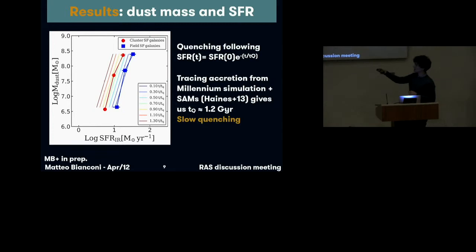But again, we see a systematic decrease or shift towards lower star formation rate when it comes to cluster galaxies. And again, if we apply a simple exponential decrease, we can put a number to the quenching timescale if it follows this simple relation. And again, we find 1.2, 1.5 gigayears, so again a slowish process.